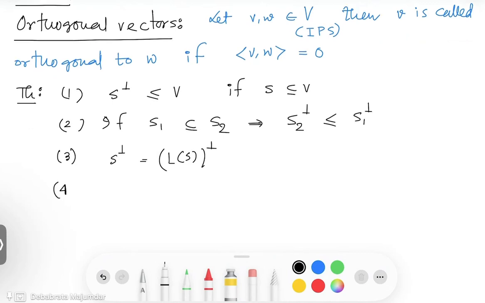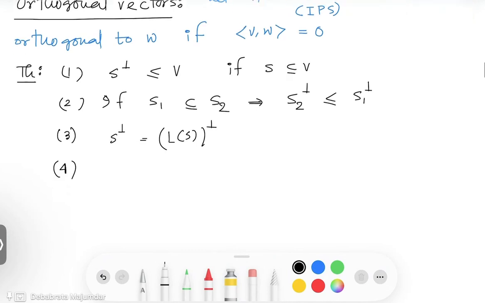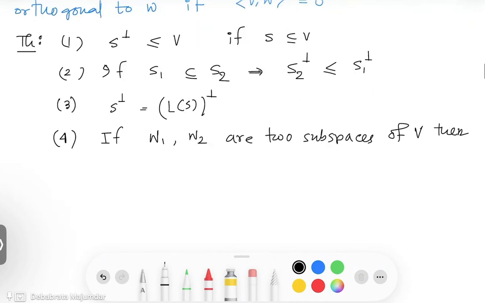Fourth, if W1, W2 are two subspaces of V, then W1 plus W2 perp is equal to W1 perp intersection W2 perp.